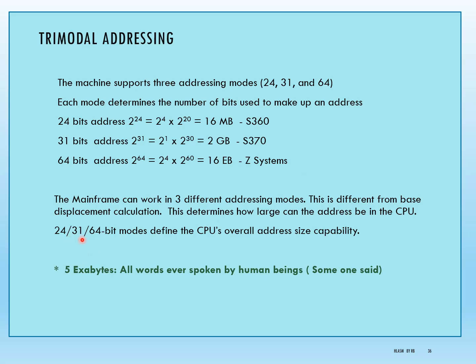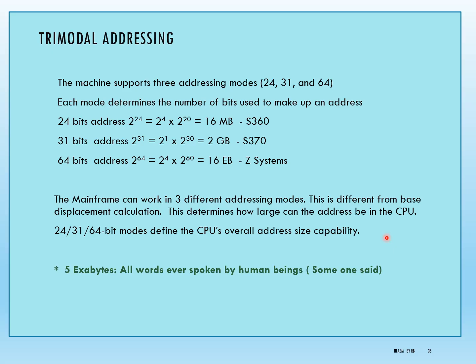24, 31, 64. You may say, why not 32? There is a logic behind that. Why only 31 and not 32? Because the last bit is made 0, and 64-bit modes define the CPU's overall address size capability. We have seen this in the PSW.